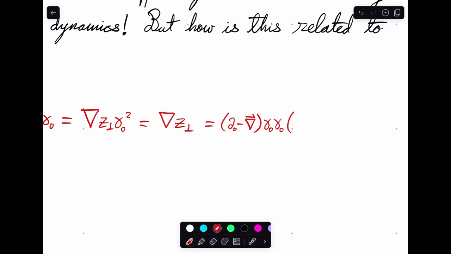Yeah, you get a negative A perpendicular and a negative C perpendicular.